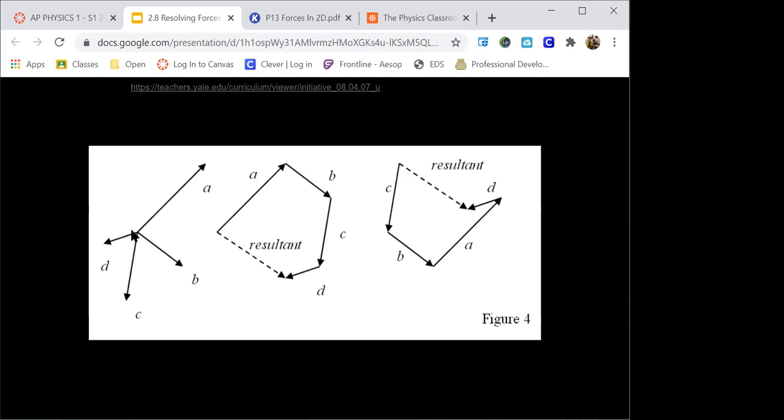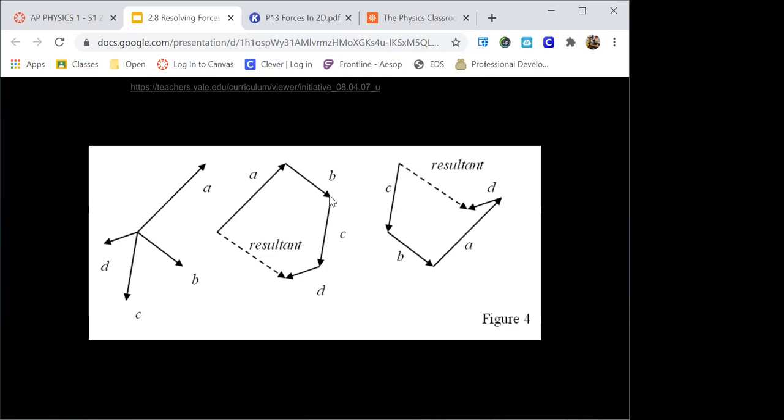If we want to figure out the resultant force on this point, the easiest way to do that is to take one force and then slide the next one so that the tip, or head, of the arrow goes to the tail of the next arrow.